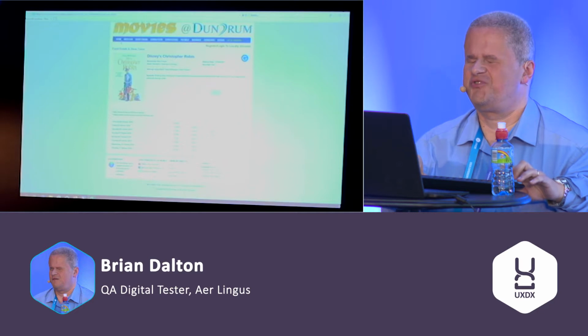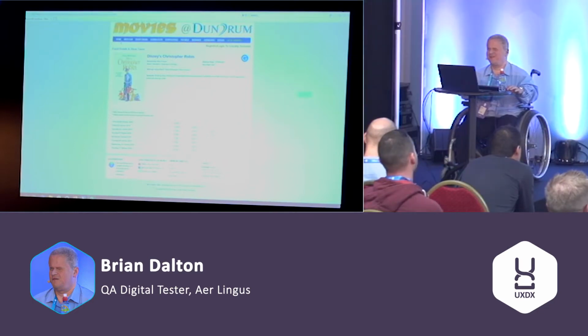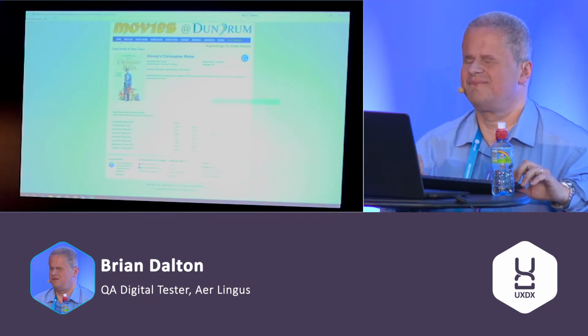Column 2. 104 minutes, close to 2 hours. Let's read a little bit about it. Starring Hayley Atwell, Ewan McGregor, Chris O'Dowd. Okay, so we know who's in it. Synopsis. Working class family man Christopher Robin encounters his childhood friend Winnie the Pooh, who helps him to rediscover the joys of life. Right, okay, so we get a brief synopsis of what it's about.